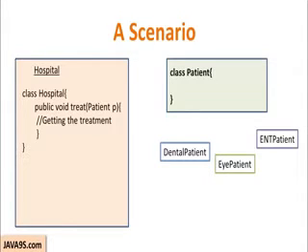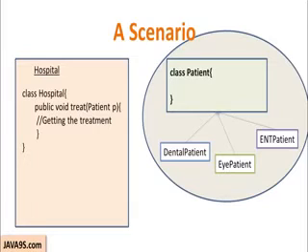So all these patients extend the Patient class, and these object types can be easily passed to this one because the patient can refer to these objects. So please remember, as long as this kind of generic representation of the object is present, any subtype of these objects can be easily passed for the treatment.